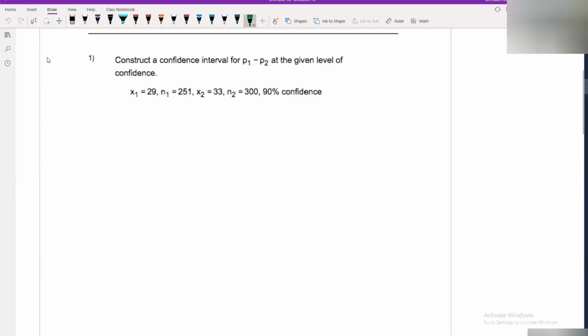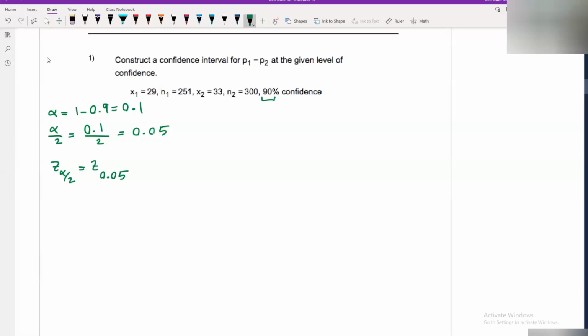Here we have 90%. So alpha is 1 minus 90%, which is 10%. Again, alpha divided by 2, that is 5%. Now, since we have P, we have to find Z. So that is Z for 5%.